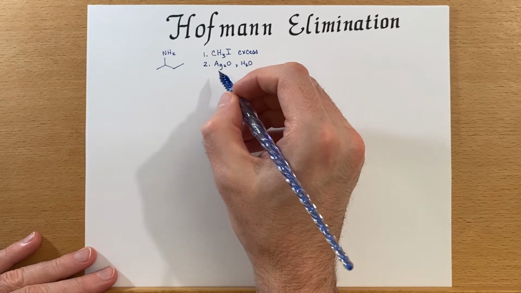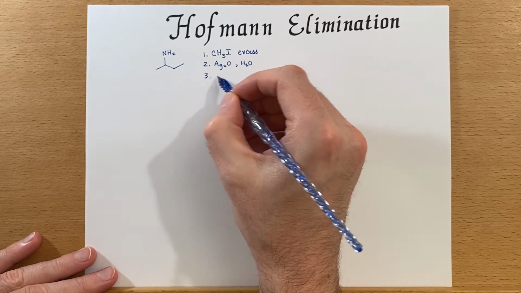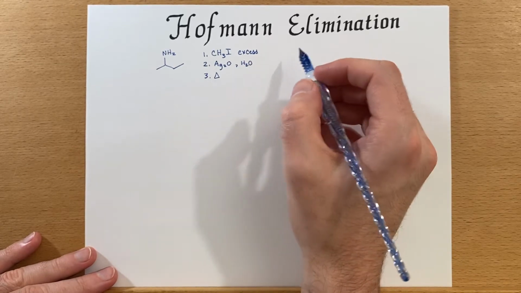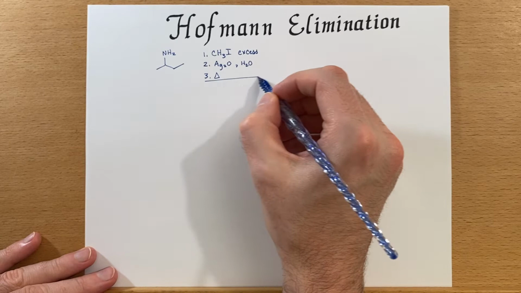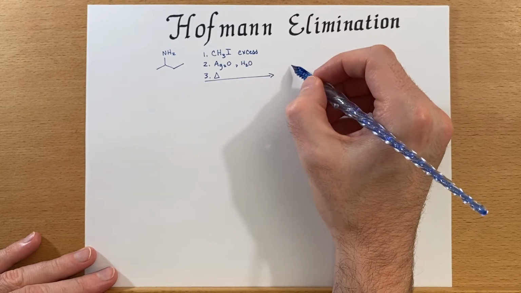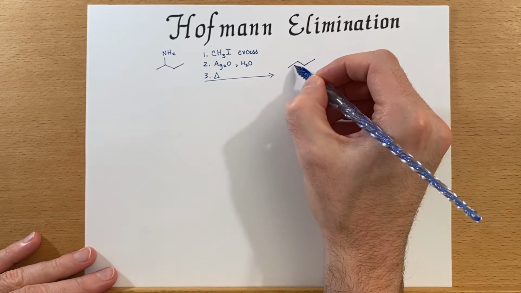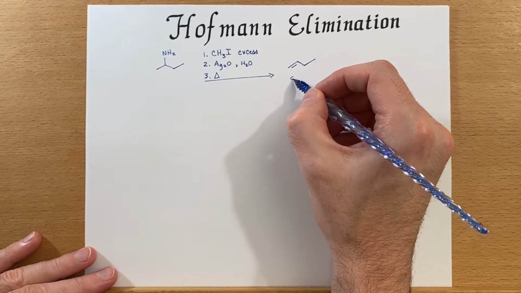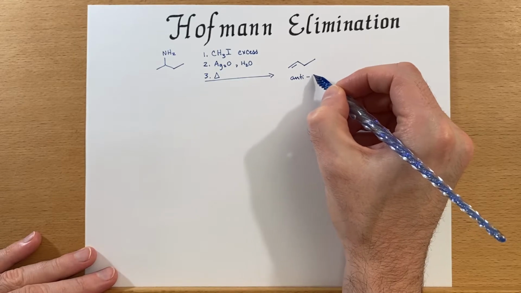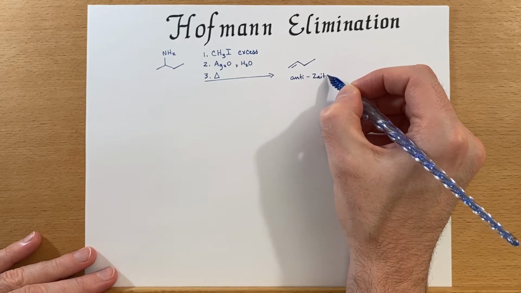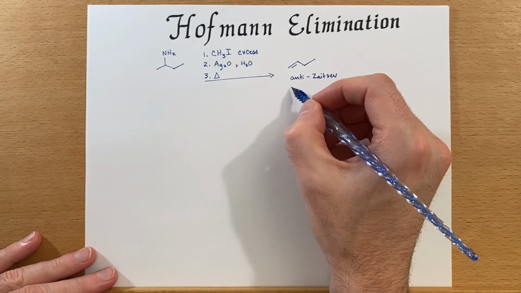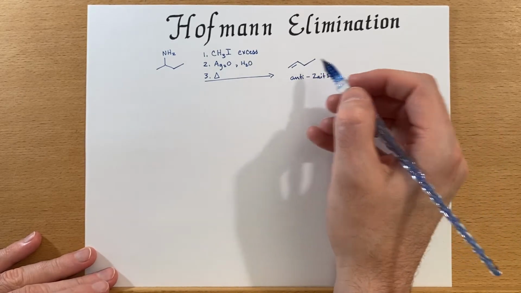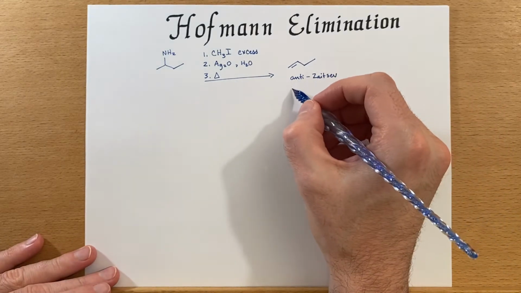That hydroxide will then be used in conjunction with heating the reaction to form the elimination product, which in this case is the anti-Zaitsev product. Or you may also call this the Hofmann product because we're doing Hofmann elimination.